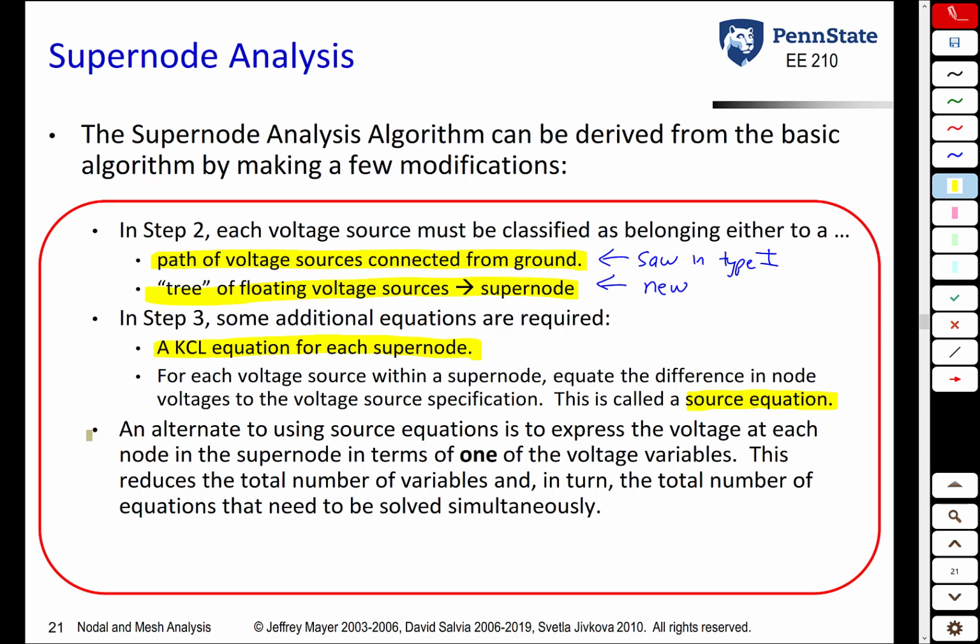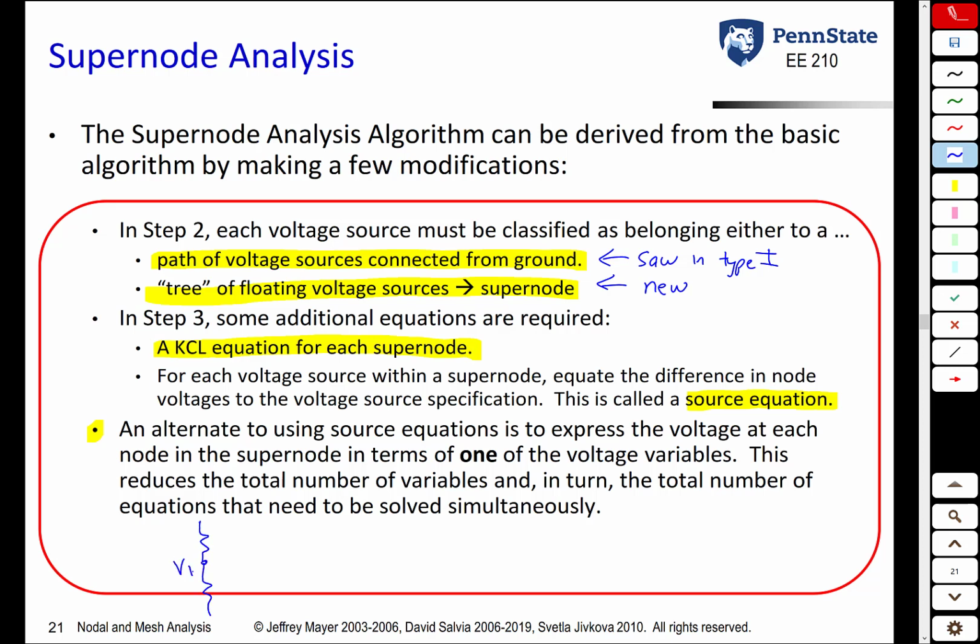This bullet point down here I'm going to briefly mention, and then we're not going to talk about it anymore. So there is another approach. Rather than writing source equations, when you define your voltage variables, when you have a supernode, you can basically build the source equation right into the definition of the variables. Let me show you an example here. Suppose you have a situation, and this is just part of a circuit.